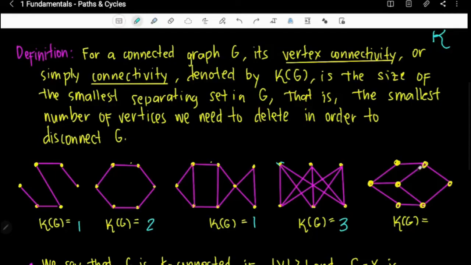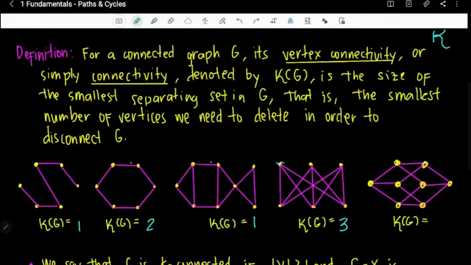So for example, if I delete this one, no, that's the wrong vertex to delete. Okay. If I delete this one and this one, so that makes it disconnected. So 3. So let's see if meron pang ibang pwede. Baka mali yung unang na-delete ko. Para baka kaya ng dalawa lang.